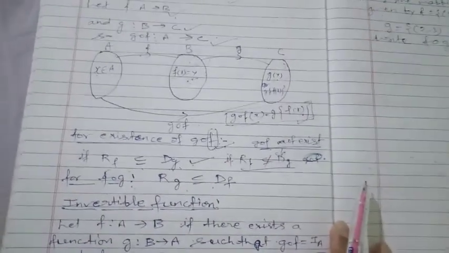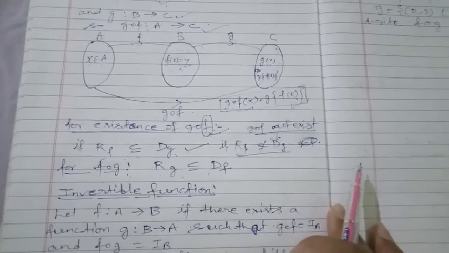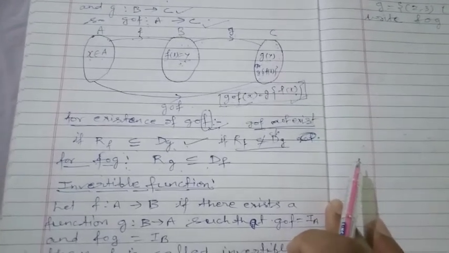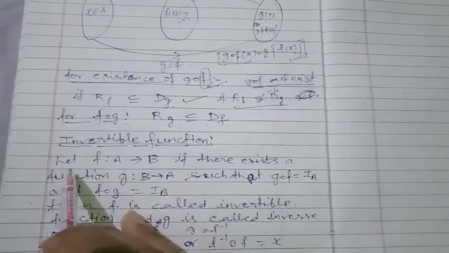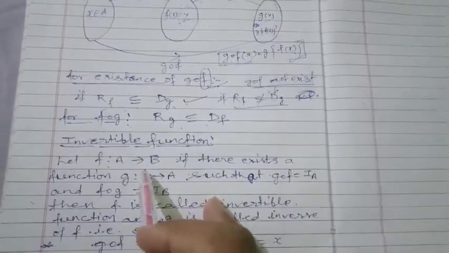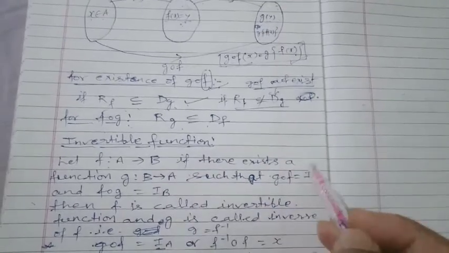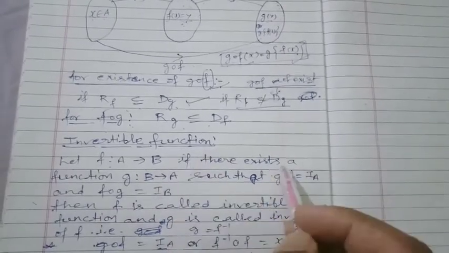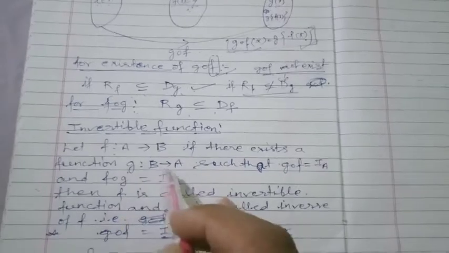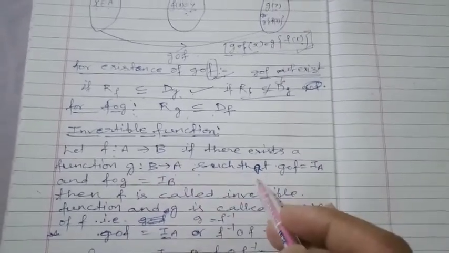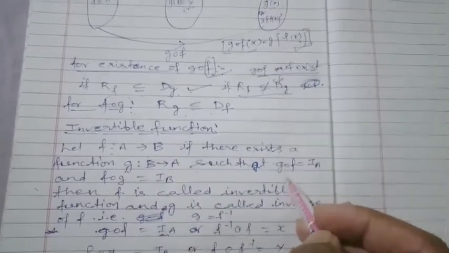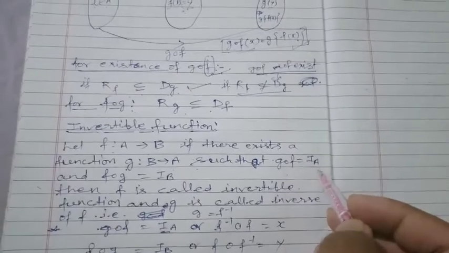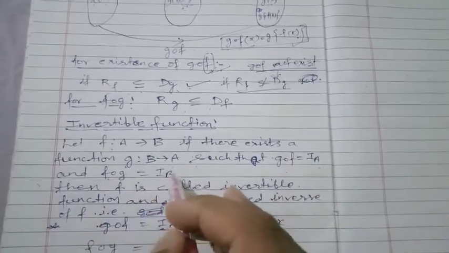So on the basis of composition of function, how will we find the inverse of a function? This is also an important topic. So let's see, if function f is defined from A to B, it is invertible if there exists a function g which is defined from B to A, such that gof is equal to the identity function and fog is also the identity function.